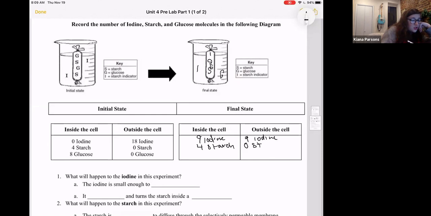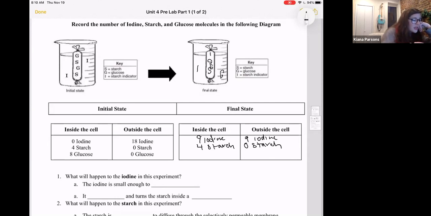And we know this because the starch is too big to diffuse out of the cell, and we can support that with our observations, our findings in the lab. We saw that when the test was performed, the iodine outside of the model cell, the iodine in the beaker, did not experience a color change, did not react with any starch because there was no starch in the beaker. It was only inside of the plastic bag, inside of the model cell.